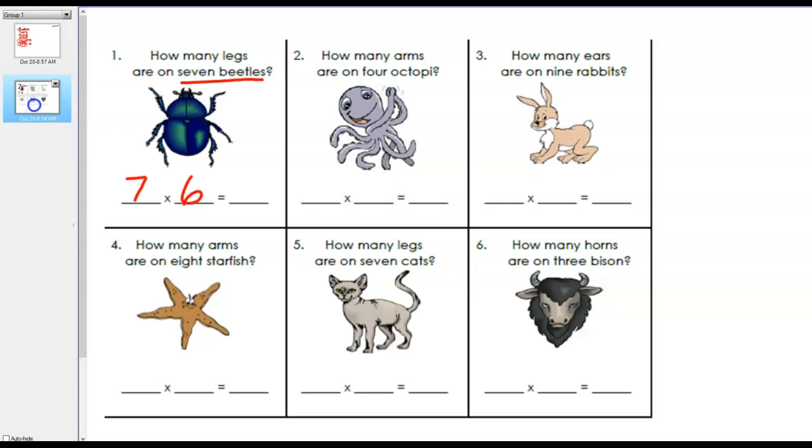So you're going to have to count everything, right, to get your product. 7 groups of 6, and then as I'm walking around the room, I want you to do your repeated addition. Repeated addition is going to help you find your answer also. If you don't want to have to count all those dots, you can add everything up.